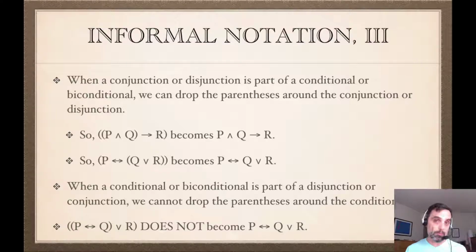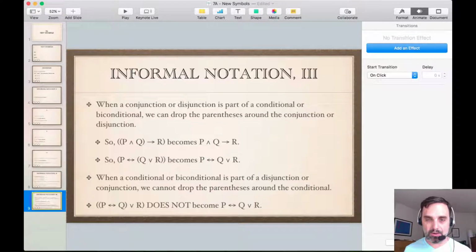If you could also drop the parentheses around arrows, then you would get ambiguities in informal notation, and we don't want ambiguities. So that's the grammar, and in the next video we will get into the meanings of the symbols.